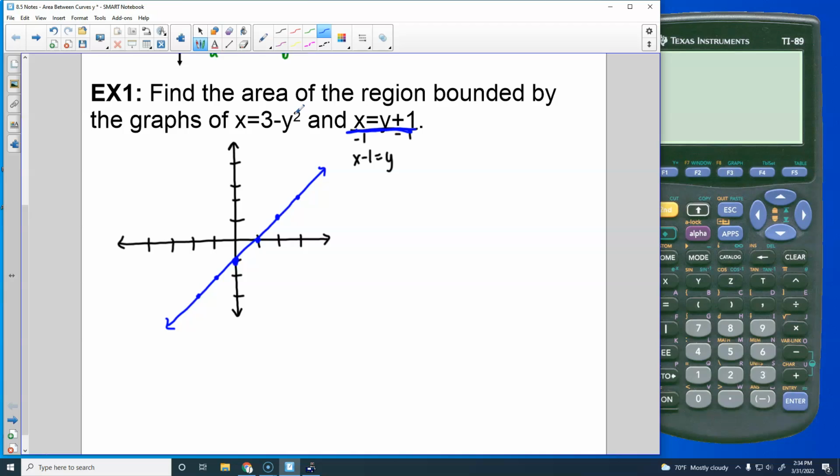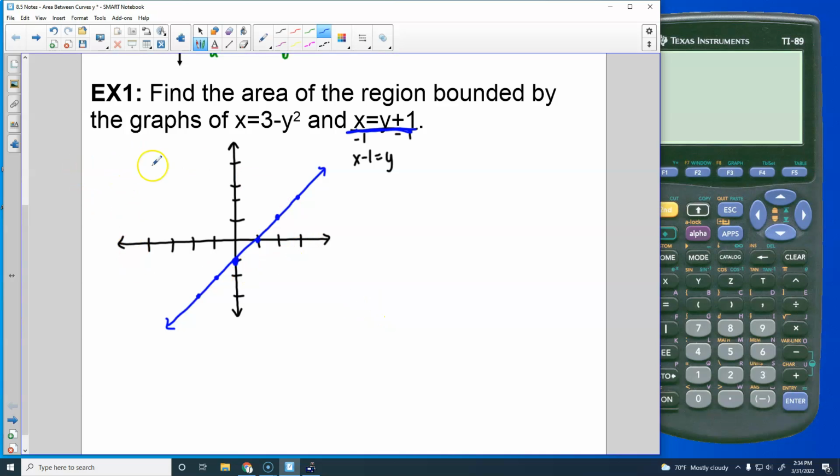there's a couple things you can do. If you remember doing these from pre-cal, this is going to be a quadratic that is sideways. If it was x equals, it was a sideways parabola. Since y squared is negative, is it going to open to the right or to the left?